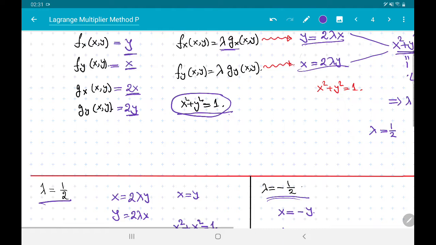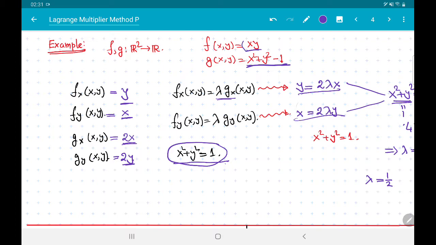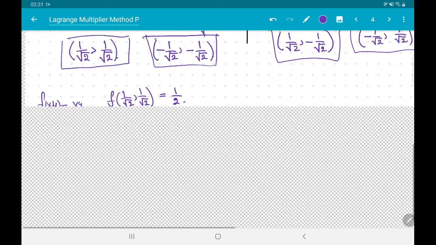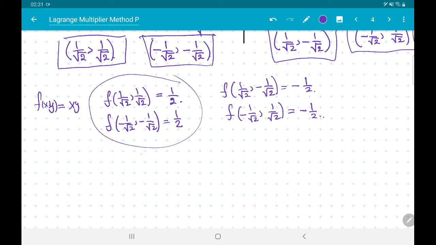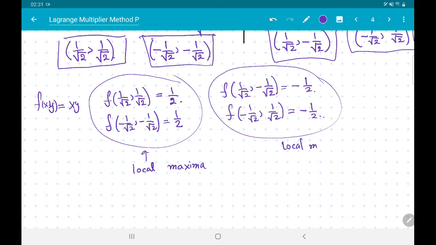Yes, remember that the function was xy, so we are not mistaken. So what is f of 1 by root 2, minus 1 by root 2? This is going to be equal to minus half, and again f of minus 1 by root 2, 1 by root 2, this is going to be equal to minus half as well. So at these 2 points we are going to have a local maxima, and at these 2 points we are going to have our local minima.